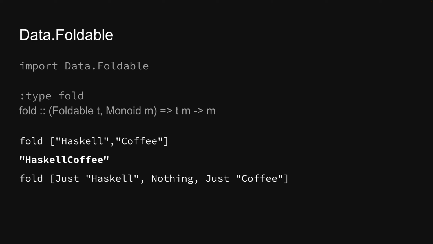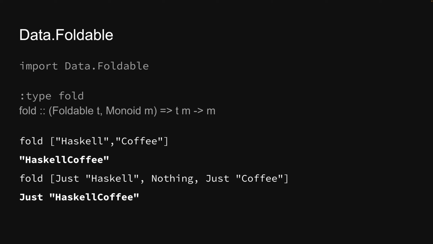And if you did fold of Just "Haskell", Nothing, Just "coffee", so Maybes are monoids, then you also get Just "Haskell coffee". The mempty of a Maybe is Nothing, right? And so it's like the empty string when you're dealing with folding strings.